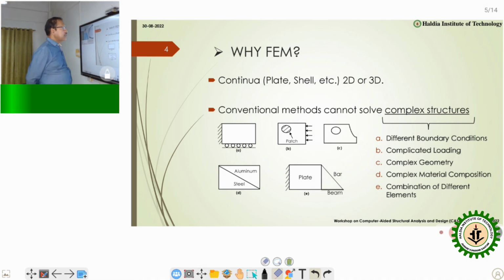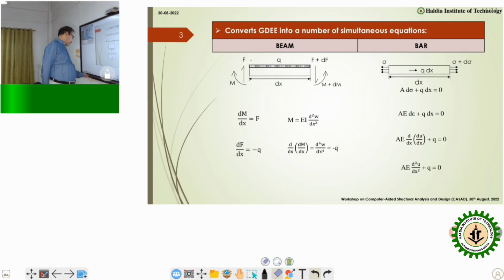Then why is this FEM actually needed? Basically for discrete structures, as we have seen previously, discrete means these things are discrete. Beam, bar, shaft, I may write here.